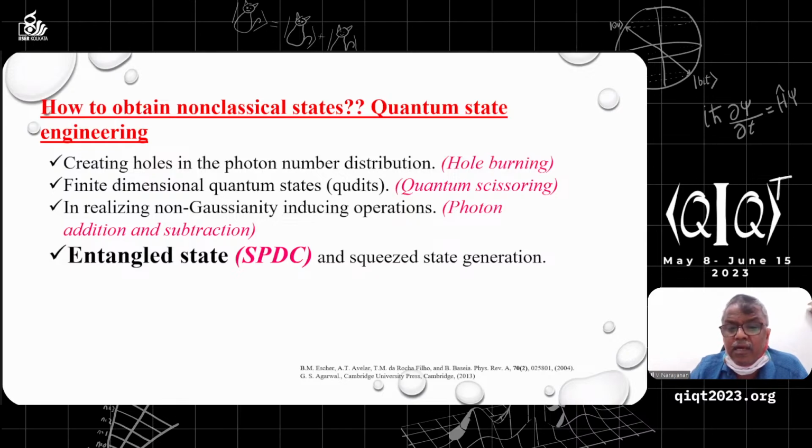The entangled state by parametric down conversion is what I will be speaking on mostly, and some of the things in progress. In addition, as I conveyed, the squeezed state is another one. It generates various kinds of squeezed states in terms of number, in terms of polarization, etc. So one uses various nonlinear optics or fibers to generate these kinds of squeezed states.